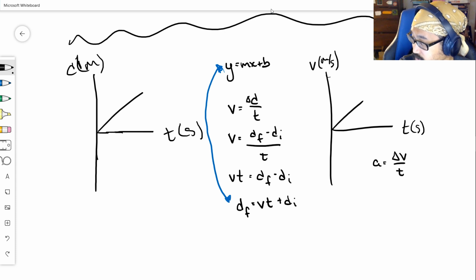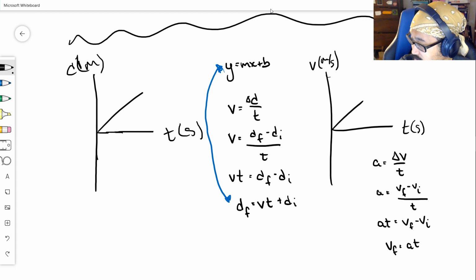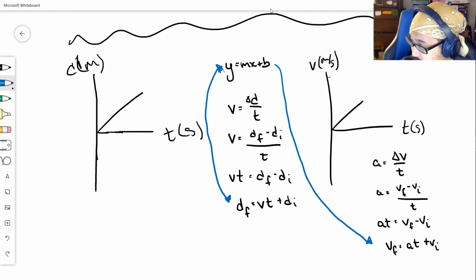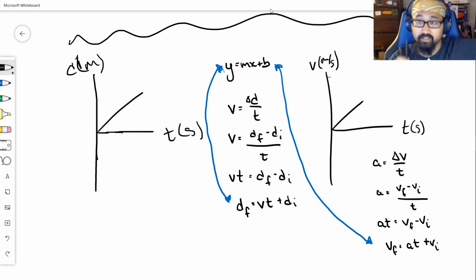Change in velocity over time, which means that acceleration is the final velocity minus the initial velocity divided by time, which means that acceleration times time is vf minus vi, and it means that the final velocity is acceleration times time plus the initial velocity. And again, you should see a connection between these two, right? I'm pretty sure we said that the acceleration is the slope of velocity time, right?